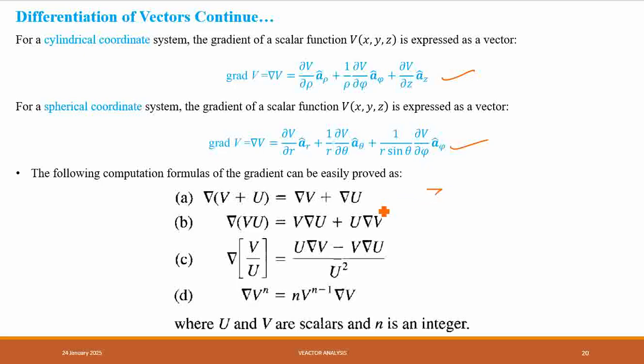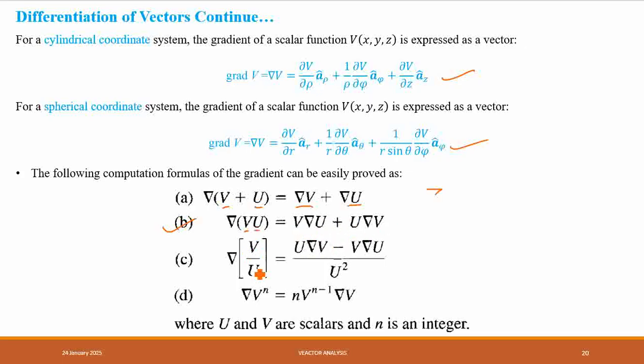If you want to find the gradient of v plus u, where u is also a scalar and v is a scalar, so both are scalar functions, then how can you write it? You can write it in this way; separately you can find them, so that will be equal. If two functions of x, y, z are multiplied and you find the gradient, then you get v del u plus u del v.